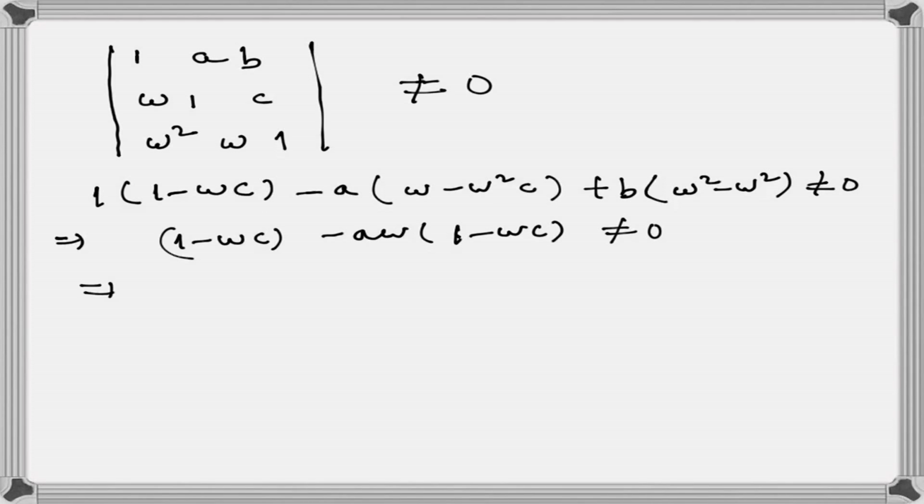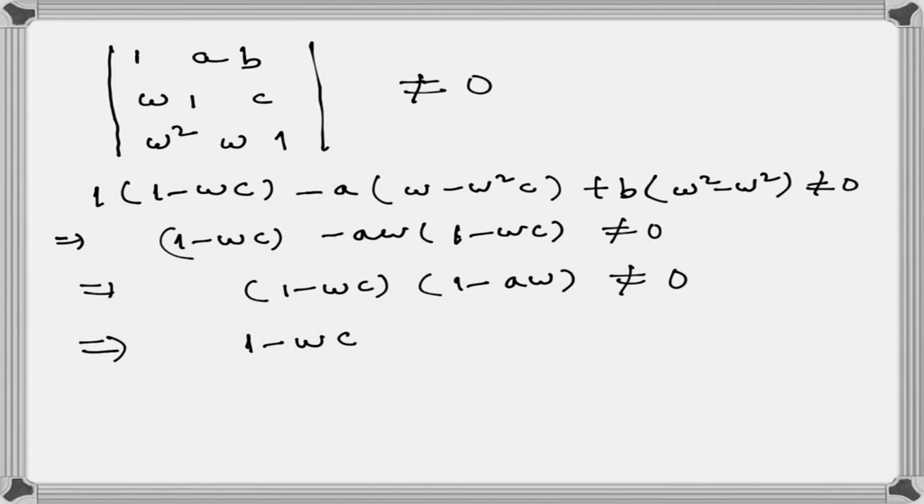This implies (1 minus WC) into (1 minus AW) not equal to 0. So 1 minus WC is not equal to 0 and 1 minus AW is also not equal to 0. This is the condition we got.